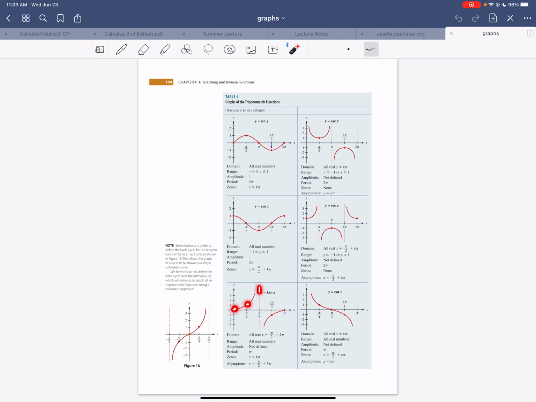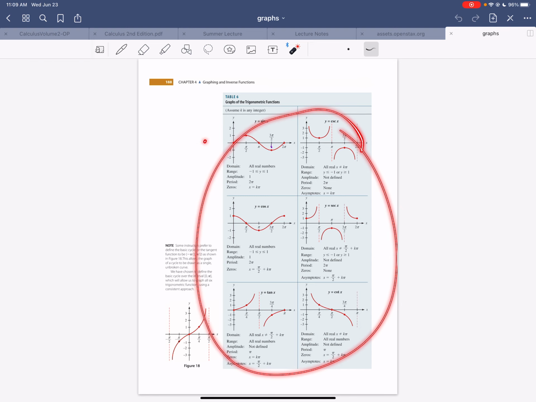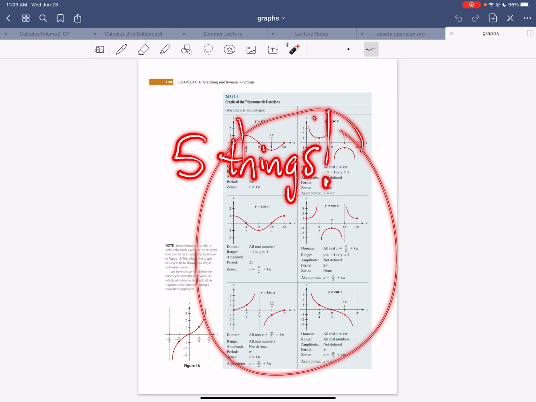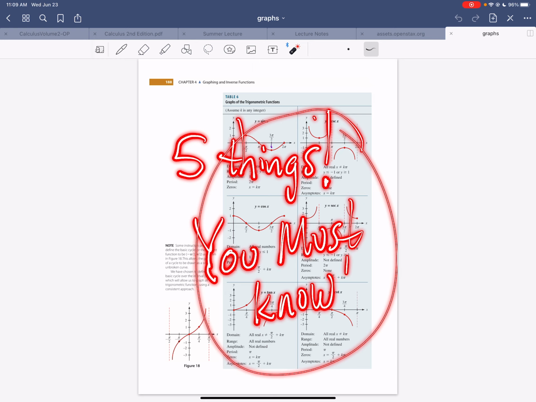Point, point, asymptote 3, point, point for 5. Asymptote 1, point 2, point 3, point 4, asymptote 5. So every one of these has 5 things. And those 5 things you must know how to get.